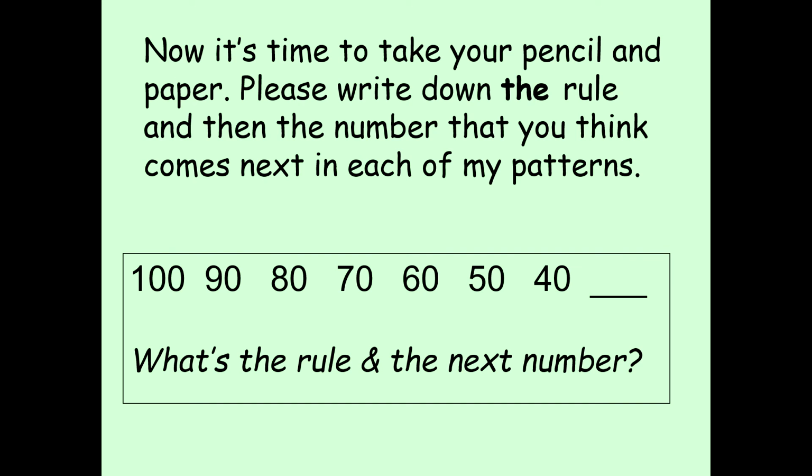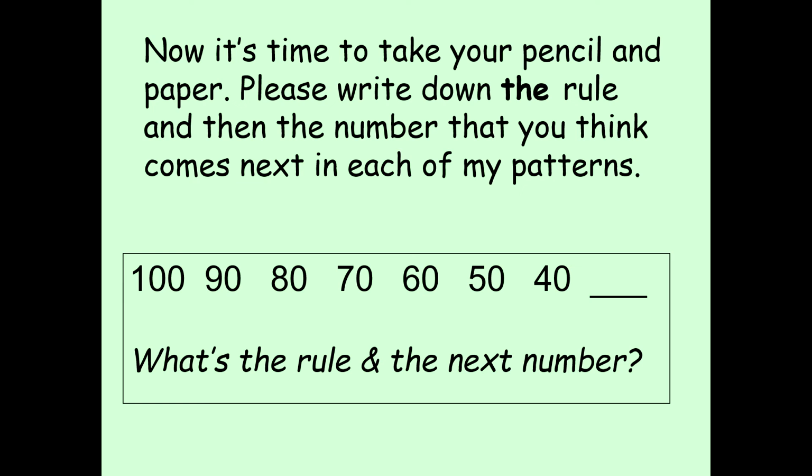Okay, so just like we practiced before with increasing number patterns, for these decreasing number patterns, I'd like you to write down the rule for each number pattern and the next number that would come in our sequence. We'll start off with an easy one now, shall we? We start at 100, jump down to 90, 80, 70, 60, 50, 40.